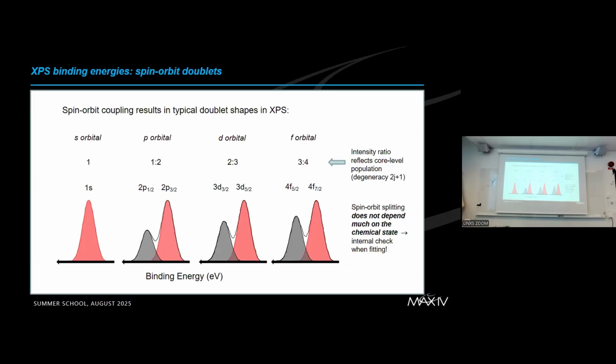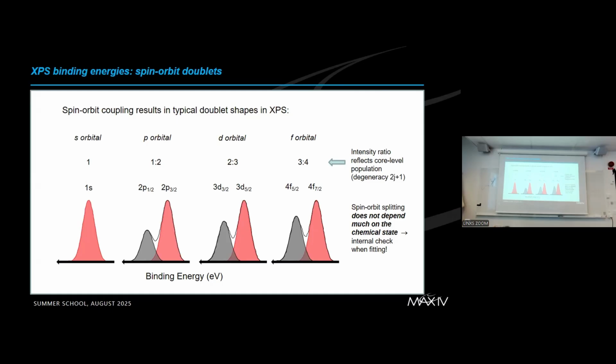Now, it was about the binding energies and chemical shifts, but so far we were talking only about singlets, S states. But if you are working with p orbitals, so d or f orbitals, you will always result not in one peak, but you will see a doublet, and this doublet is a result of spin orbital coupling.